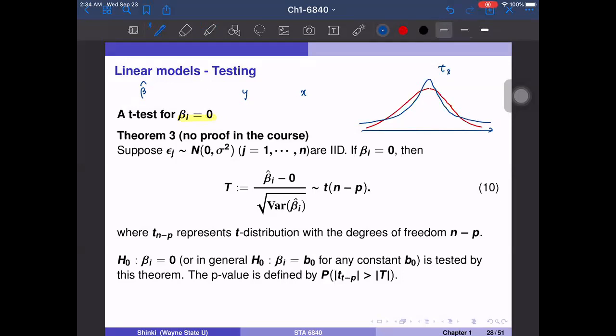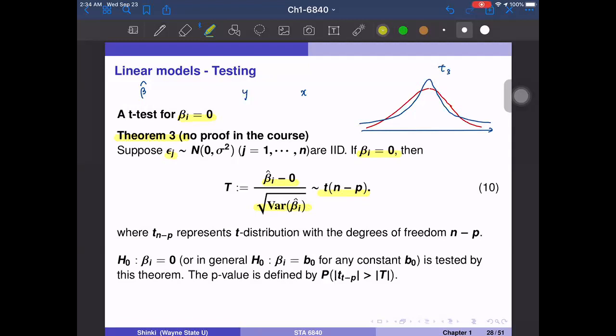And this test is based on theorem number 3. Suppose that epsilon j follows normal 0, sigma squared, for all j's and IID. So we have very specific assumptions on epsilon j. If beta i is equal to 0, then this quantity, beta i hat minus 0 over the standard error of beta i hat, follows a t distribution with degrees of freedom n minus p.